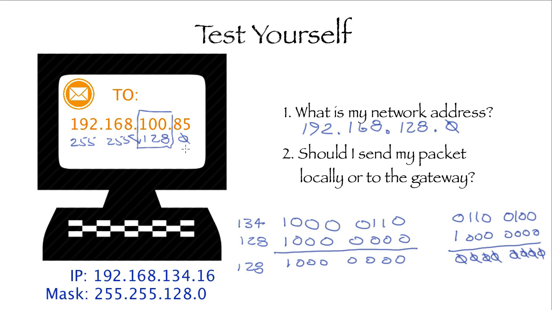So when I do that, I get 192.168.0.0. Okay, the local address, when we determined my network address was this. I'm sending my mail to this address. Those are different, and therefore I should send my packet to the gateway, which is configured. So that's the answer to those two questions.